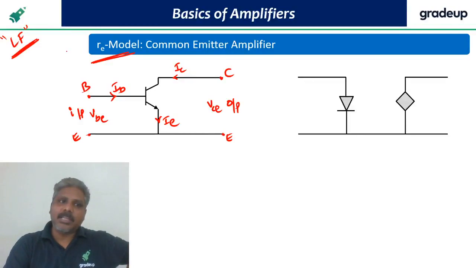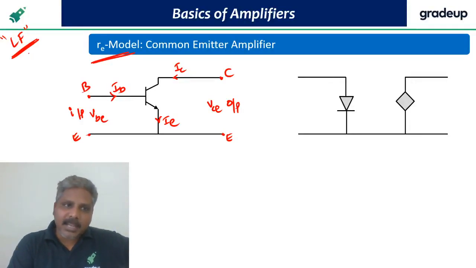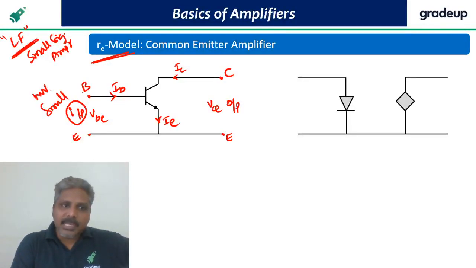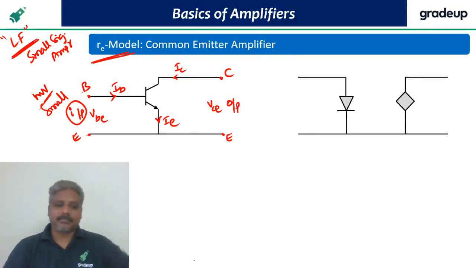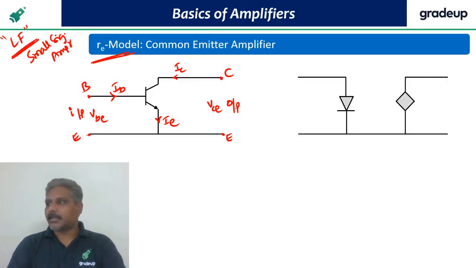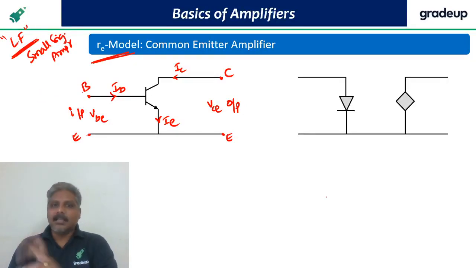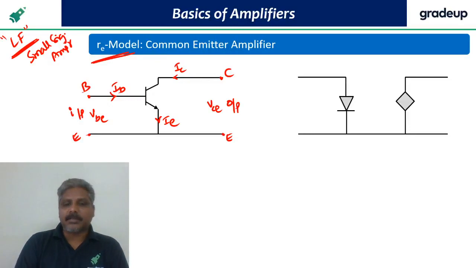It is for only low frequencies and small signal amplifiers. Small signal amplifiers means the applied input signal is very small in amplitude, in the order of millivolts. Such amplifiers are called small signal amplifiers. Now let us understand the RE model for common emitter.